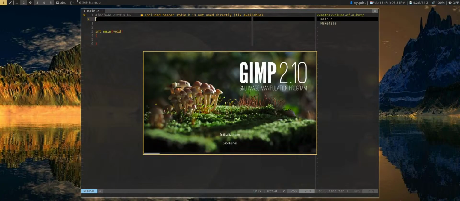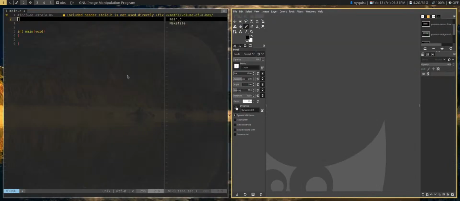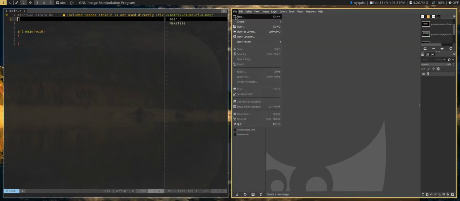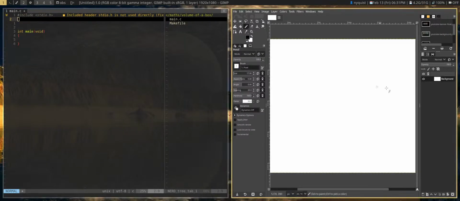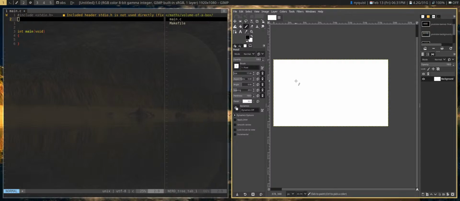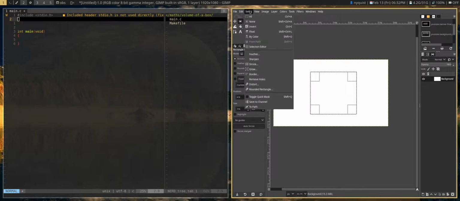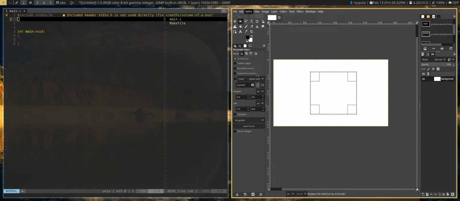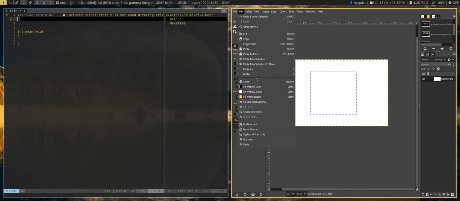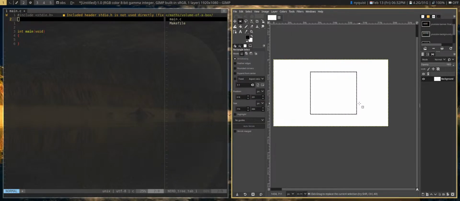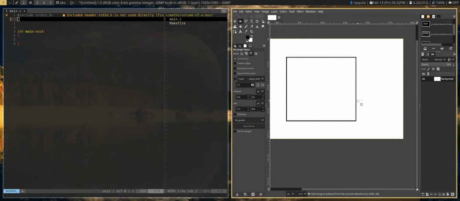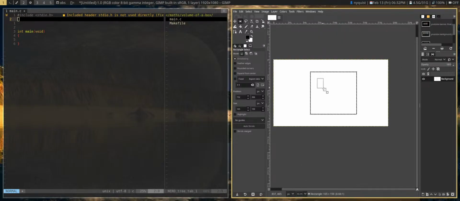I'm going to open up GIMP real quick because I want to show you the problem. So you have this box. It looks like a cardboard box.